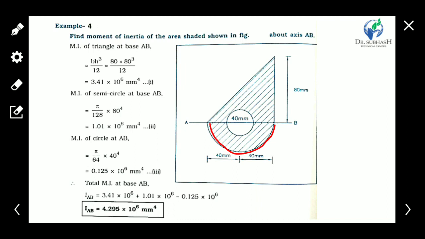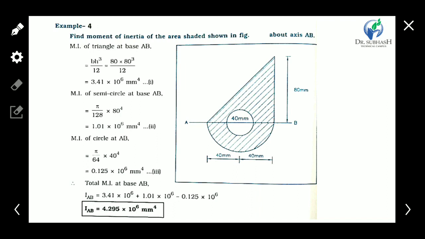We know the moment of inertia about the base of the semicircle and triangle, and here the AB axis passes through the CG of the circle, so we have the IG equation, the moment of inertia about the center of gravity, for a circle. Directly from the equations we can get the moment of inertia of these three elements.